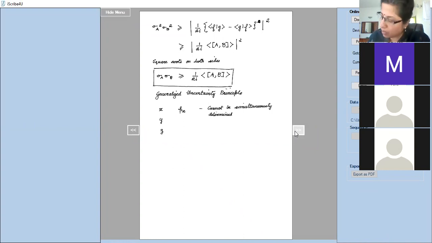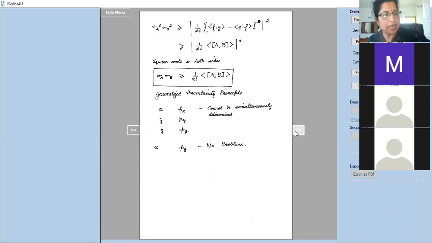Similarly, you cannot determine y and py together or z and pz. But if you ask me whether I can find out x and pz together, there is no problem. Okay. Please remember. All right. So this is something very important you have to remember. Position and the component of the momentum along that direction is what cannot be determined simultaneously and precisely together.